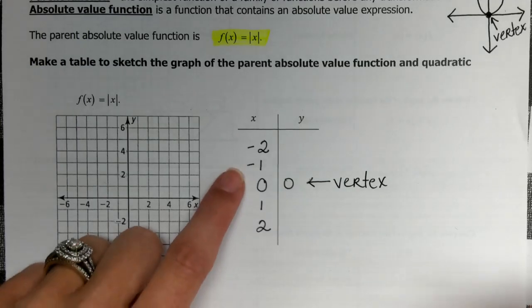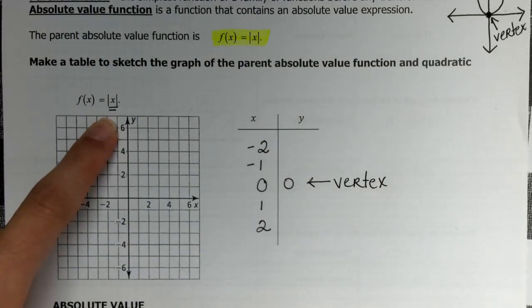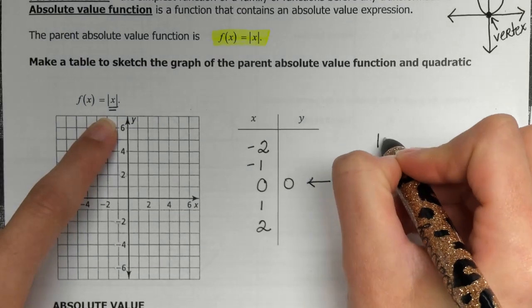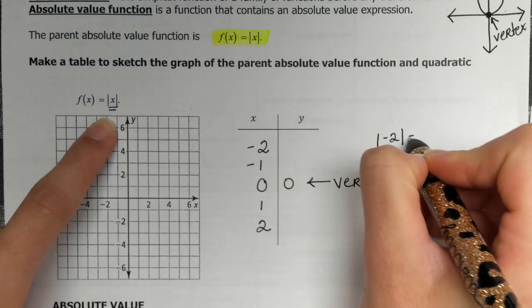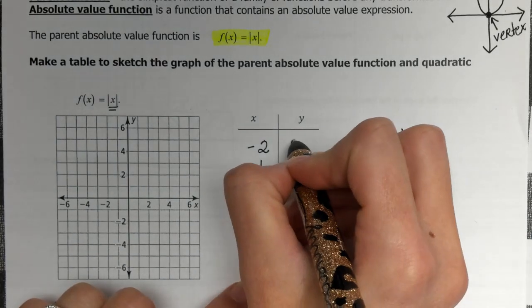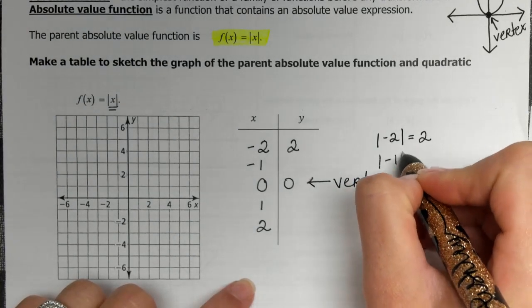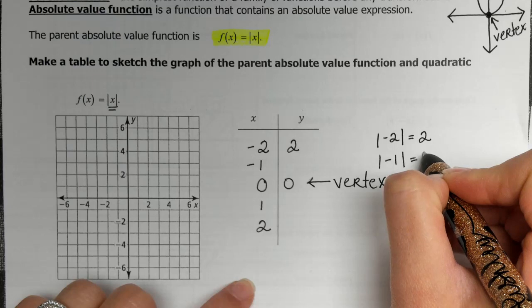How do we get those y values if I'm not getting a table from a graph? All you're doing is plugging in these x values for your function. So the absolute value of -2 is what? 2. Absolute value is always positive because you're talking about distance. So when I have -2 for x, my y is 2. If I took the absolute value of -1, what would that be? 1.